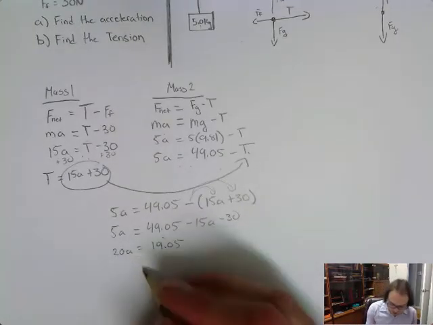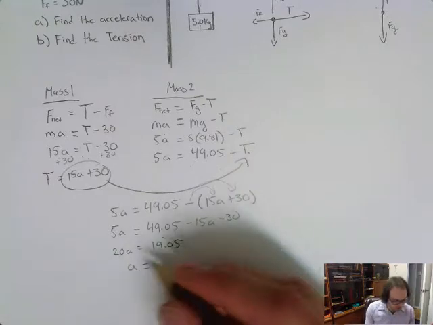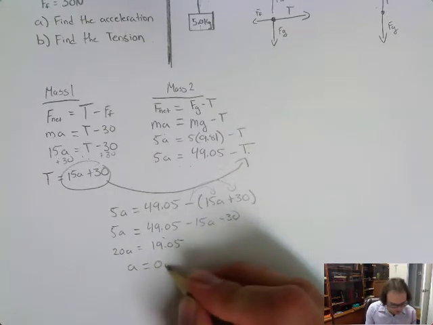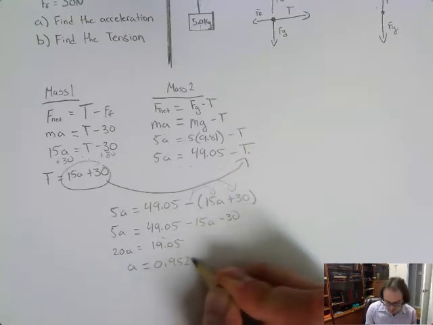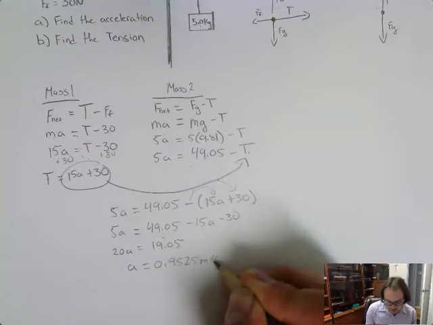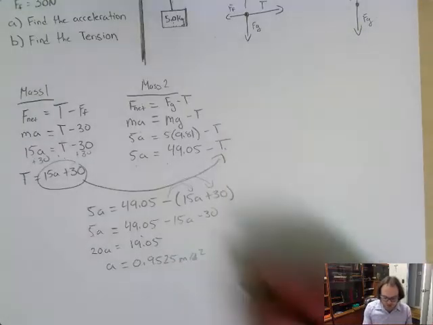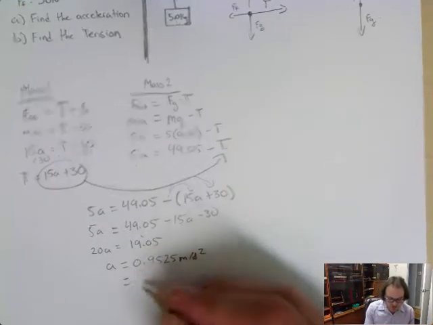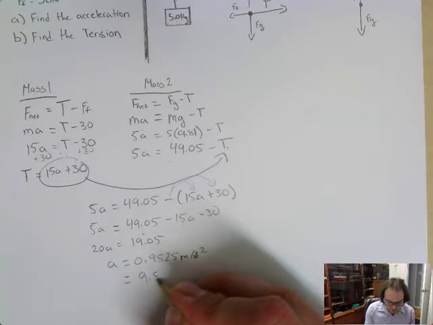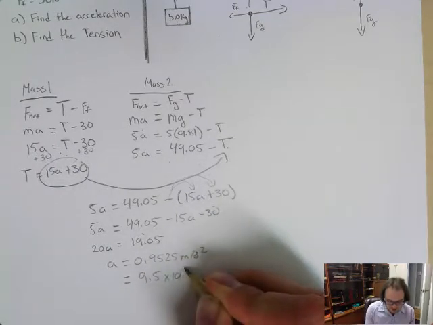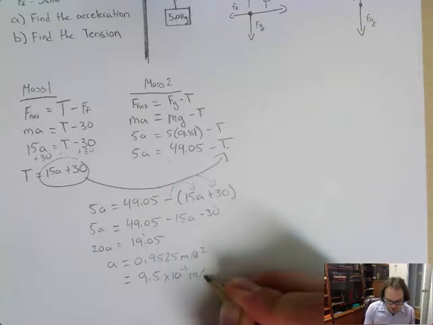Now I'm going to divide both sides by 20, so my acceleration is equal to 0.9525 meters per second squared. Looking at my significant digits, 5.0 is 2 digits, so my acceleration is actually going to be equal to 9.5 times 10 to the negative 1 meters per second squared.